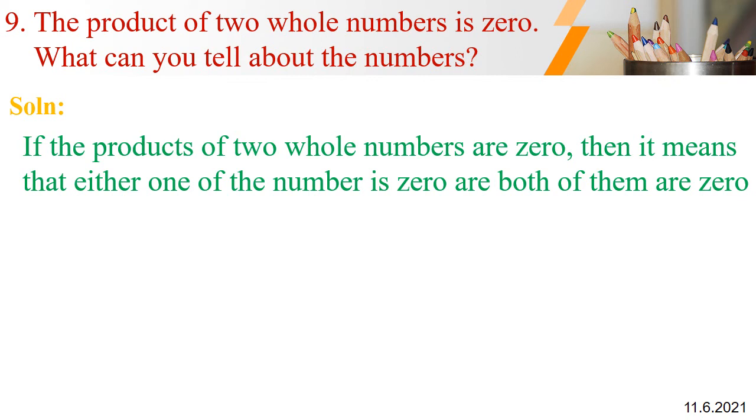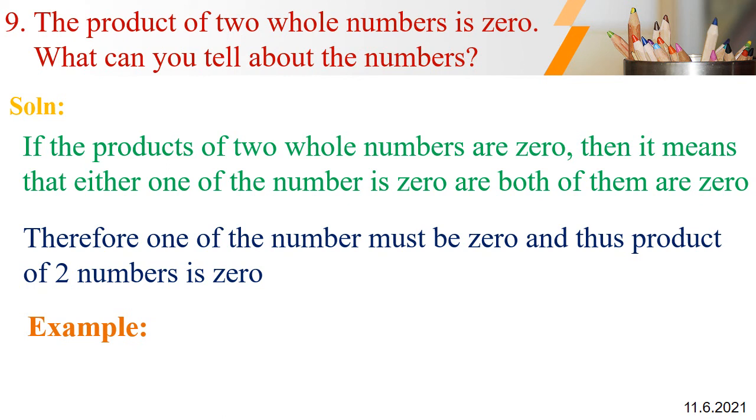So for example, 0 into 5 is 0, or 100 into 0 equal to 0. So one of the numbers must be 0 for the product of two numbers to be 0, otherwise both of them are 0.